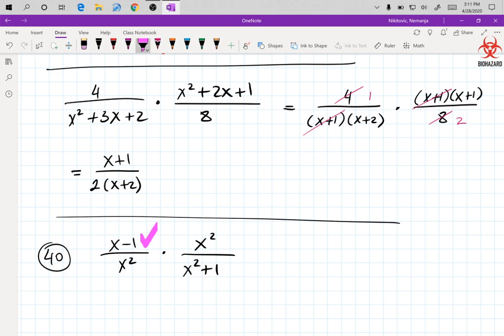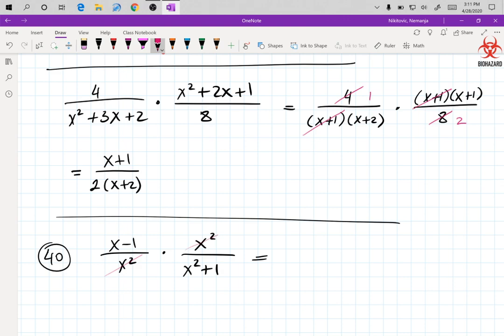This term can't be simplified. These terms can't be simplified. This term cannot be simplified either, because that needs to be a minus in order for it to be a difference of squares. This is a sum of squares. That's not factorable over real numbers. Therefore, no factoring.